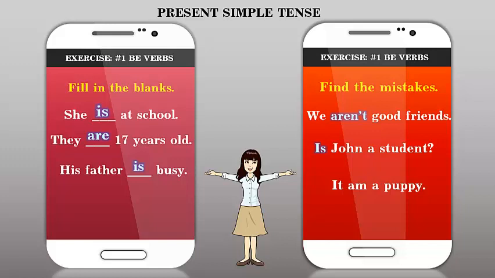This one is a big mistake. The subject here is it. What be verb do we use for it? The correct answer is is. So we don't say it am a puppy. We say it is a puppy. Great job. Let's move on to the next exercise.